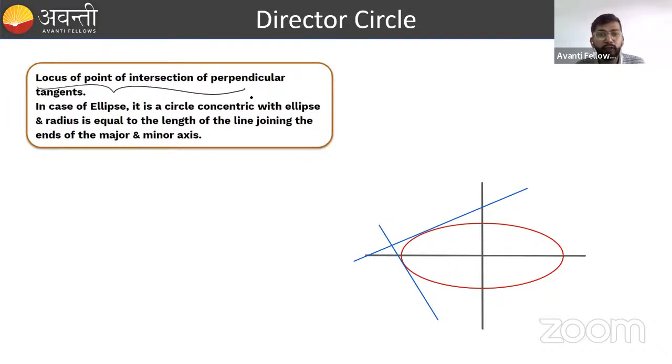Okay, now the locus of intersection of perpendicular tangents. So we have to find the locus of intersection of perpendicular tangents in case of an ellipse. So like this, we did for circle also. So for circle, do you guys remember what was the scenario for circle?